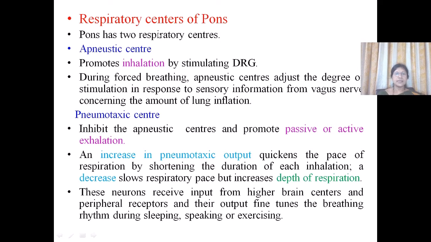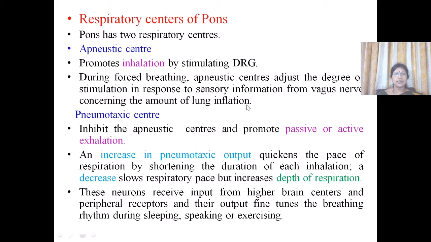Now let us see the respiratory centers of Pons. Pons has two respiratory centers called apneustic center and pneumotaxic center. Apneustic center promotes the inhalation by stimulating the DRG, dorsal respiratory group.